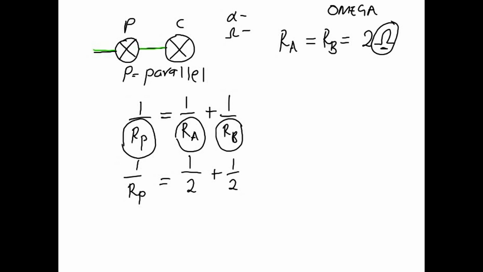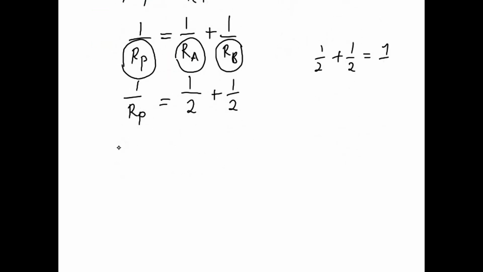A half plus a half. How much is that? You need to be able to do this from the top of your head. 0.5 plus 0.5, that is 1. So it means we actually now have 1 over Rp equals 1.